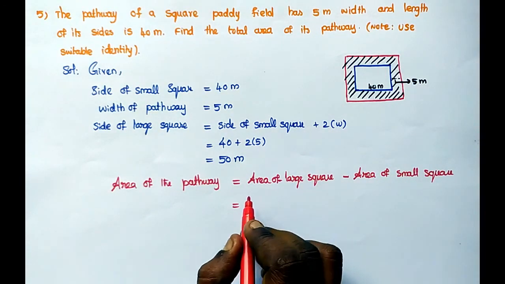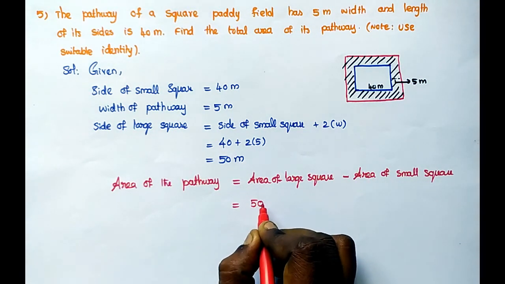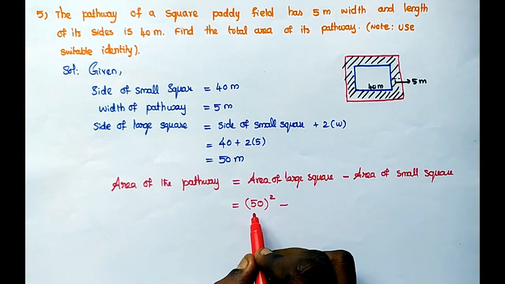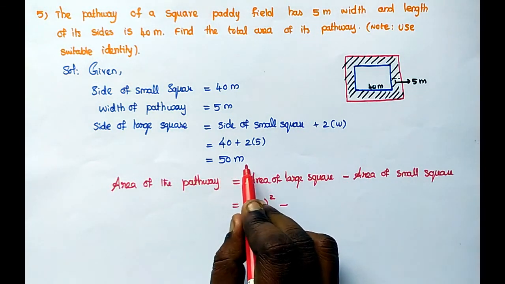Area of large square means that is 50 squared. Area of a square is side into side, side squared. So large square means 50 meter side.